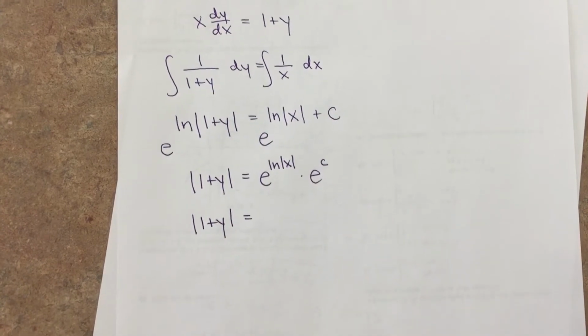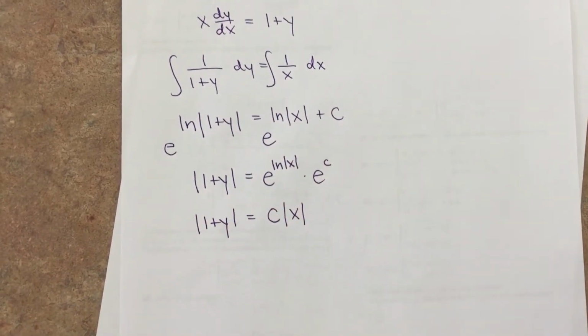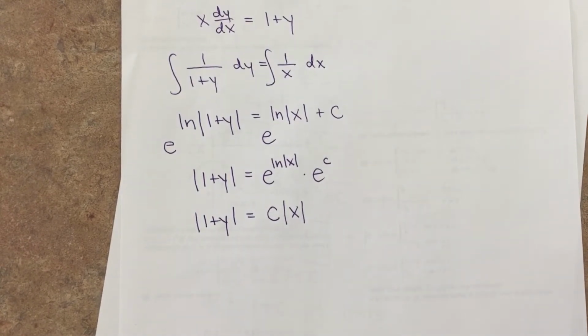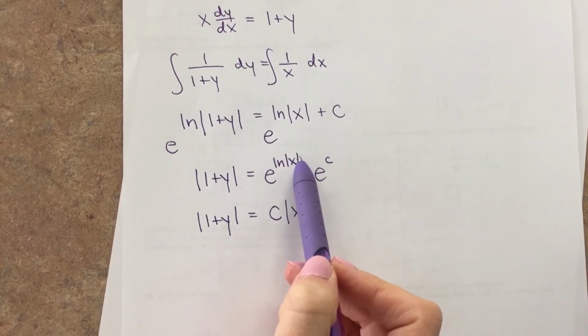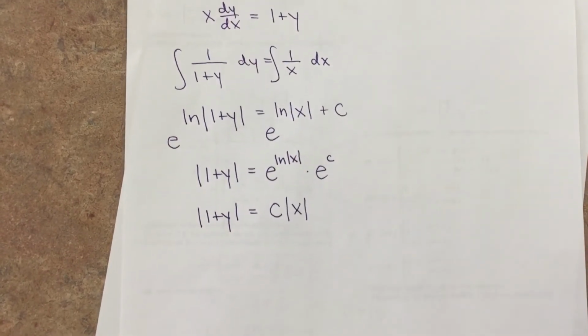On the right-hand side, what we end up with is this. We have c times the absolute value of x. The e to the c is just an arbitrary constant. It's not equal to c, but c is just a representation. E to the natural log of the absolute value of x: the e and the natural log are inverses of each other, so all you would have left is the absolute value of x.